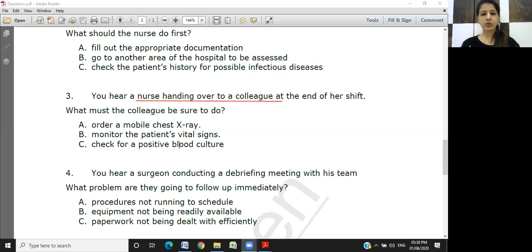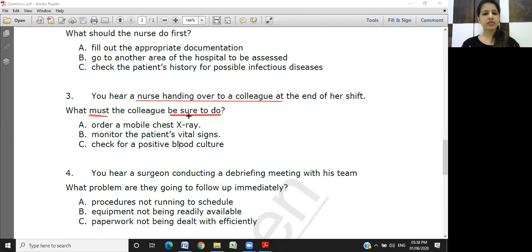So similarly, in this question, can you identify the keyword that would help you keep focus? Must, yeah, must and sure to do. What must the colleague be sure to do? So it is not optional, it is not a suggestion, it is not a recommendation, but it is a compulsion, something that has to be done.